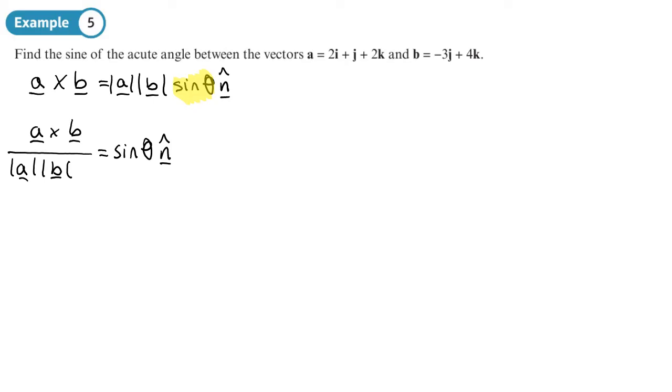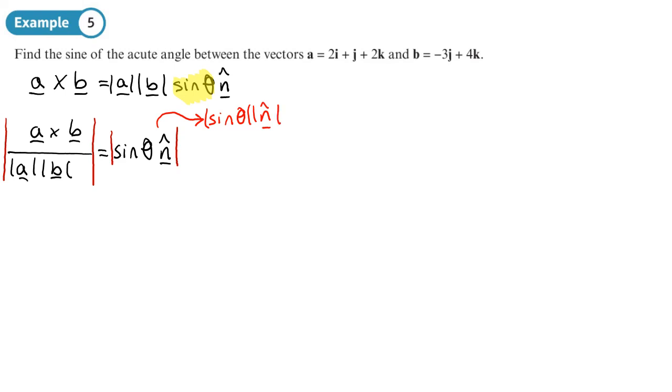Now since we want the acute angle, we want to do the modulus to ensure that sine theta is positive. Now if we do the modulus of both sides, there is a modulus rule that basically says that if we're going to do the modulus of that, it's the same as the modulus of this times the modulus of this.